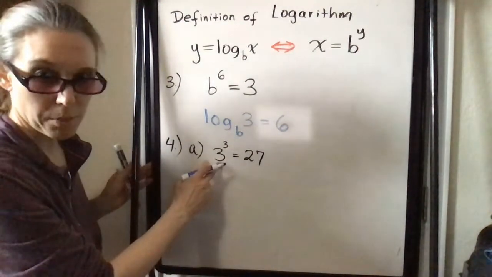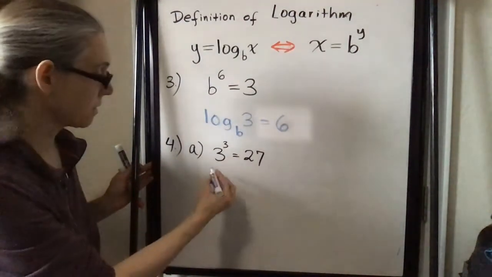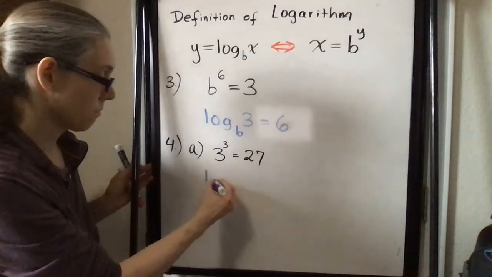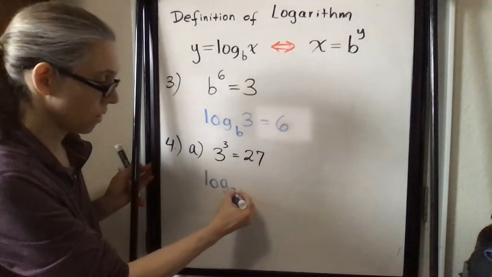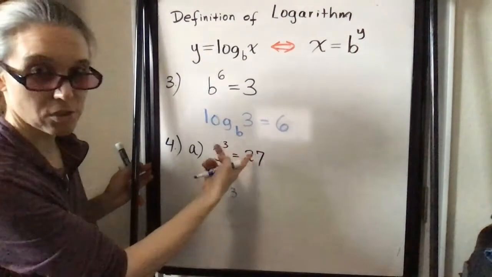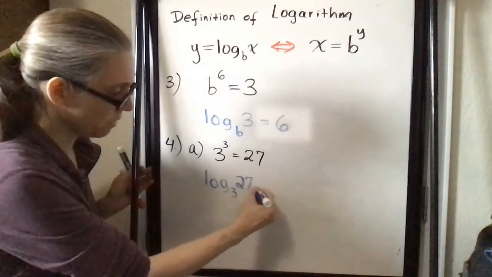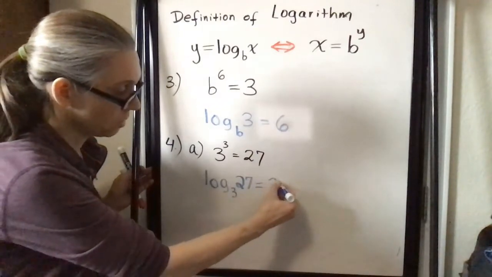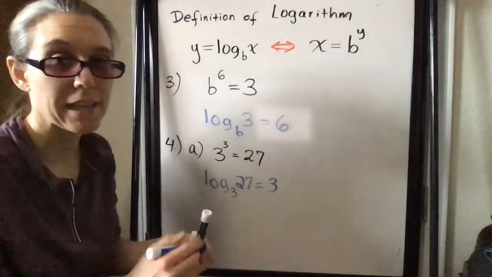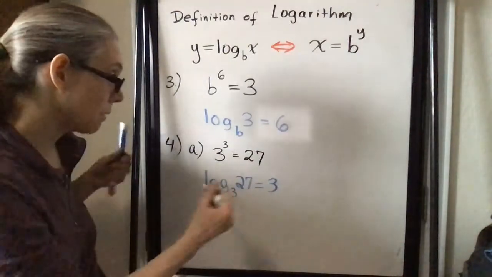Here's the down low number, here's the base of the log, which is 3. We swap the position of these two numbers. Log base 3 of 27 is equal to 3. That's it.